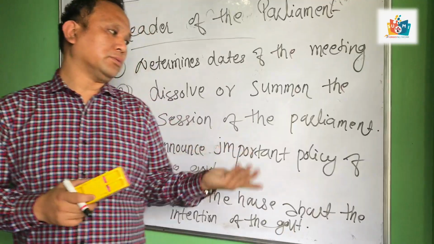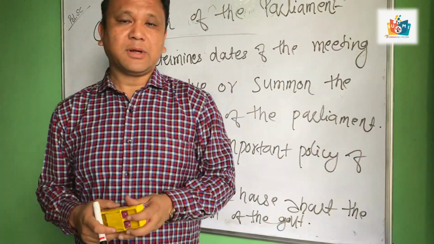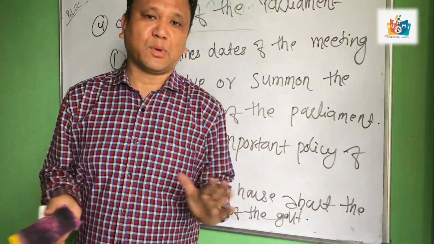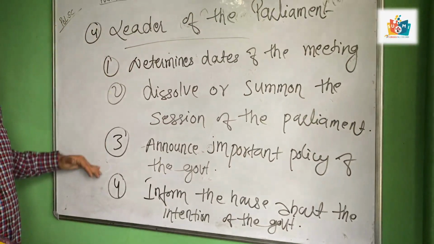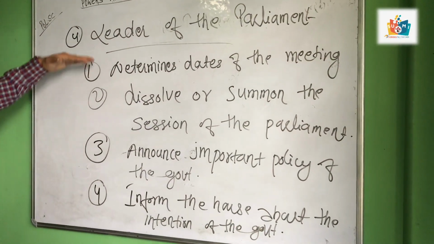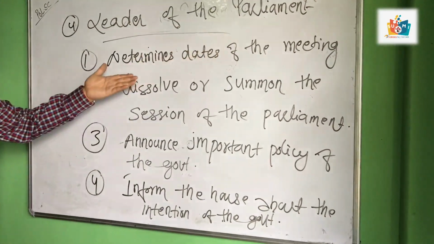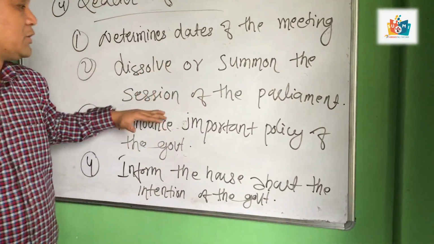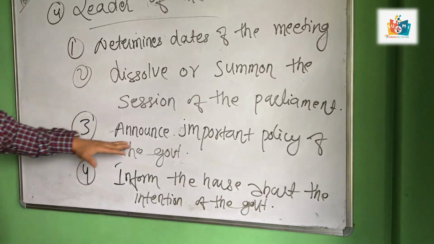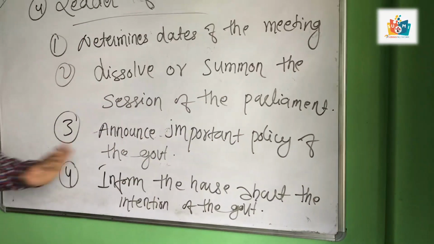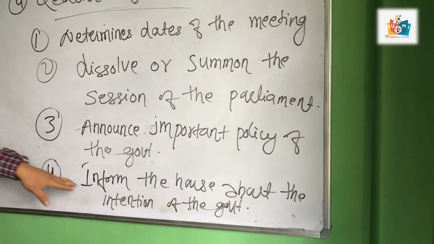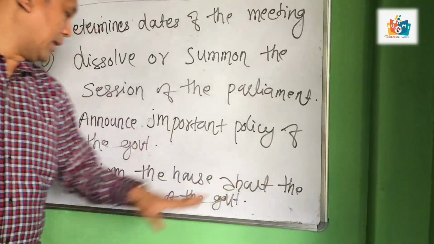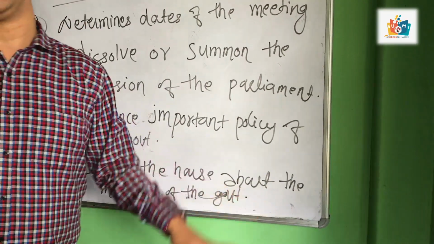All right, so credit goes to our Prime Minister, and it is just an example only. All right, so these are the important functions. Being a leader of the Parliament, he determines the dates of meeting, dissolves or summons the session of the Parliament, announces important policy of the government, and number 4, informs the House about the intention of the government.